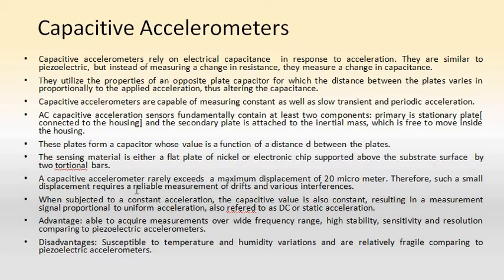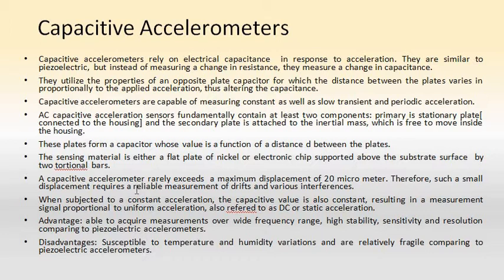As I have told, there are two types of acceleration, AC as well as DC or static acceleration. DC or static acceleration is when the acceleration input or the vibration input is a constant one, and as a result the output will be a uniform signal. So these are the two types of capacitive accelerometers.